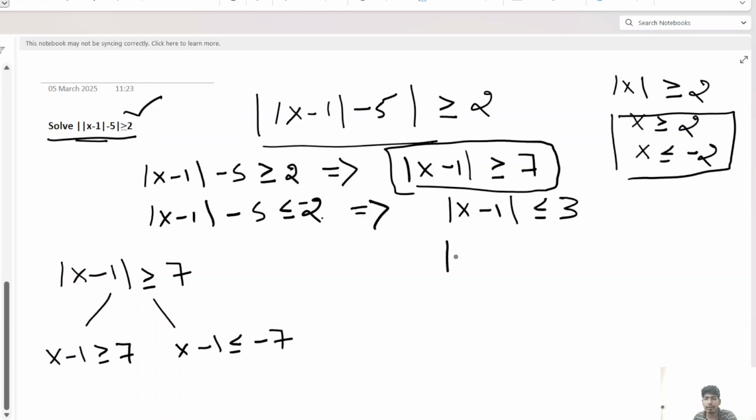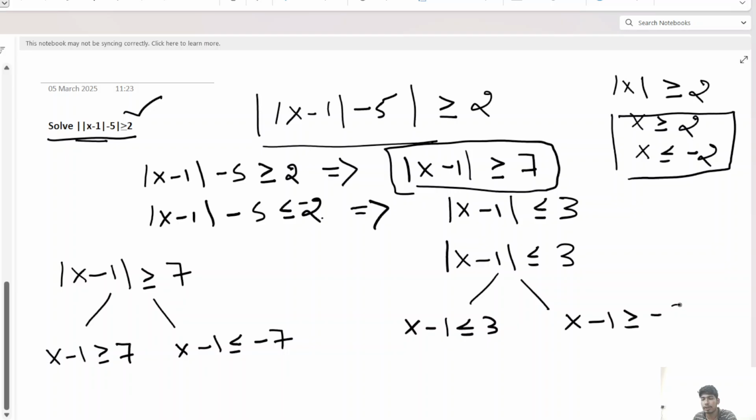And here x minus 1 is less than or equal to 3 and x minus 1 is greater than or equal to minus 3.